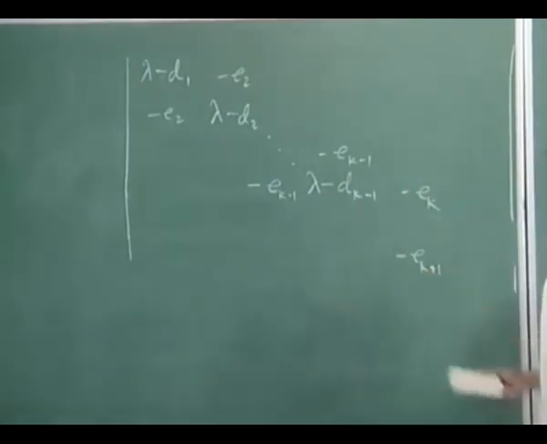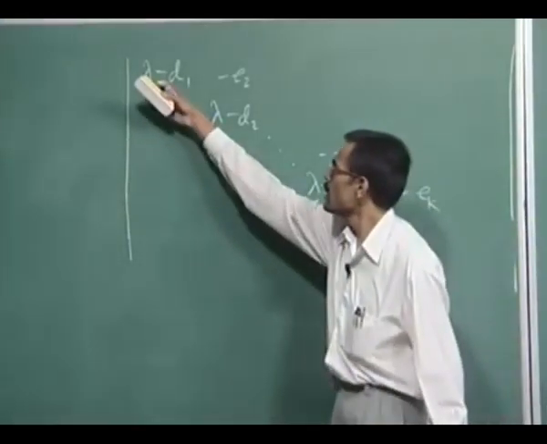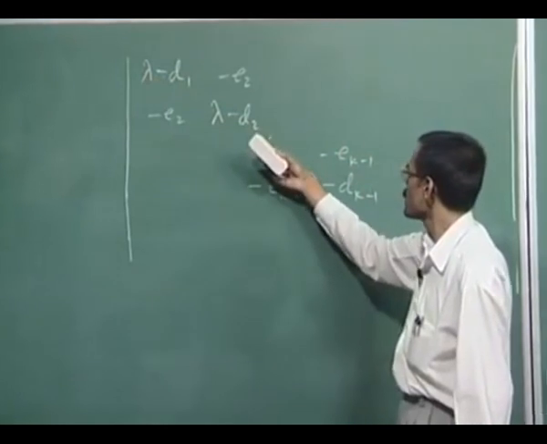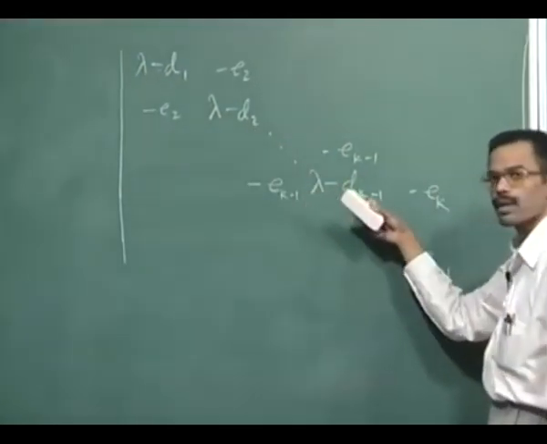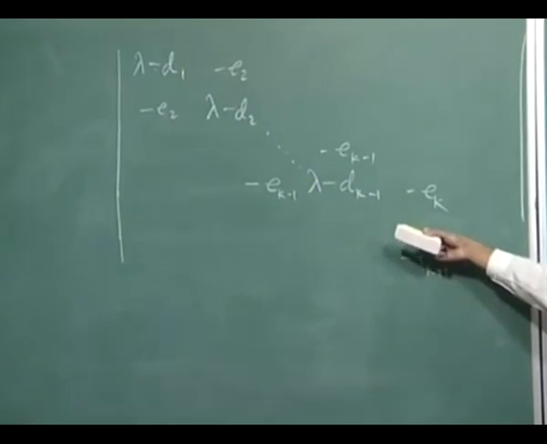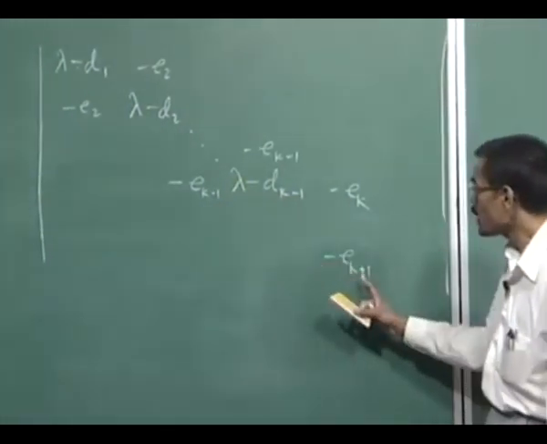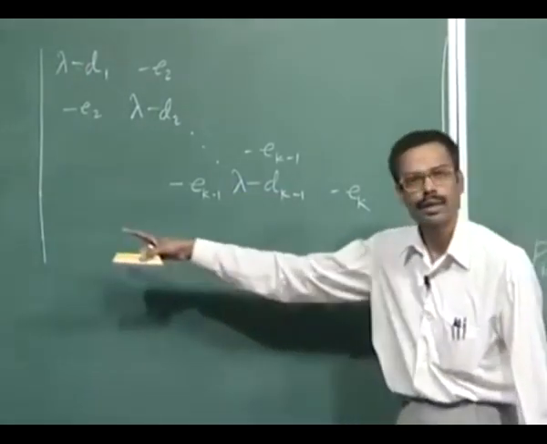This determinant should be sitting here, and see its diagonal entries are lambda minus d1, lambda minus d2, lambda minus d3, etc., up to lambda minus d_{k-1}, and then next, because this guy has taken this place after removal of this row, and in this row other than this entry everything else is 0.